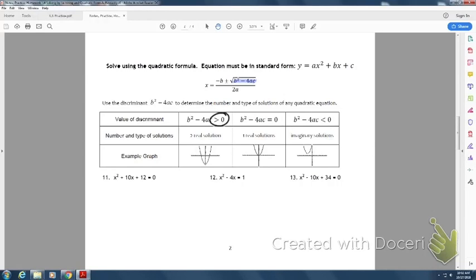If that discriminant is greater than 0, which is another way of saying that the number is what? Positive. You're going to have two real solutions. It's going to cross the x-axis twice. If you find your discriminant and it's 0, underneath the radical you get 0, then the vertex is going to be on the x-axis.